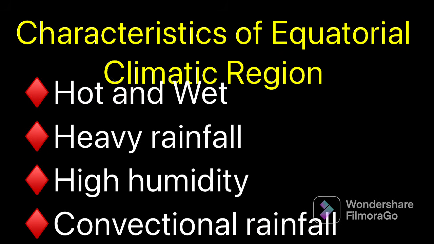It is hot and wet throughout the year. Receives heavy rainfall that is well distributed throughout the year. Rainfall is mainly convectional and it happens mostly in the afternoons, accompanied by lightning and thunderstorms.